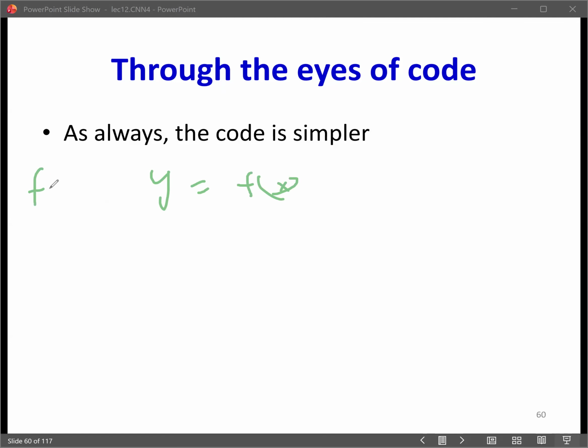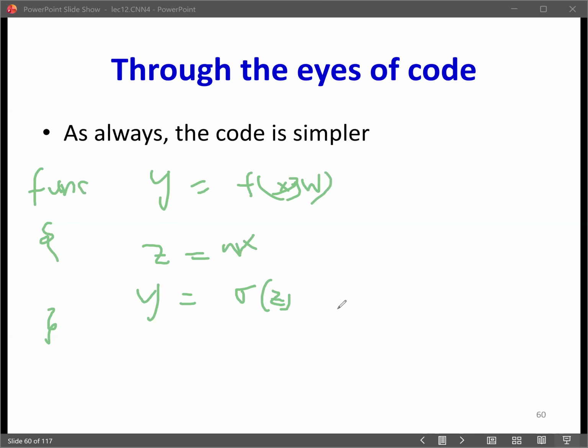Within this function, I have x and w, and z equals wx, and y equals some sigma of z. Let's say this is my code, right?